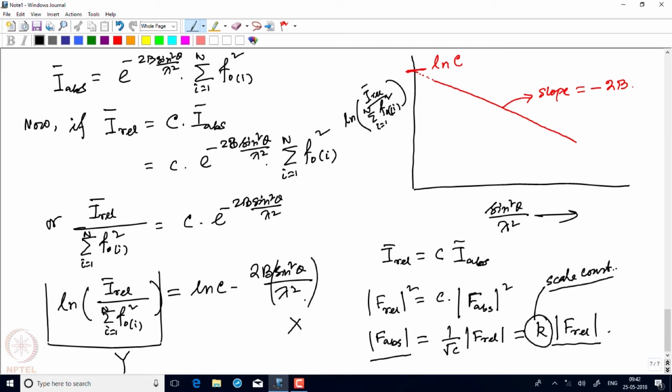So, this is how we can get the value of the absolute structure factor amplitude from the relative values using a scale constant for a given data. So, this method of scaling is applied in a data reduction program, and then we generate this plot which is called the Wilson plot.